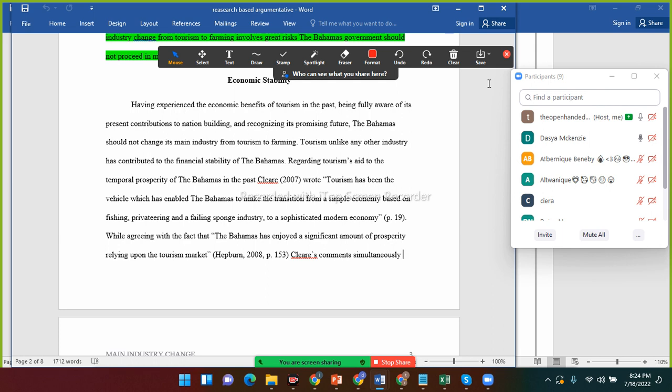Regarding tourism's aid to the temporal prosperity of the Bahamas in the past, Claire wrote, tourism has been the vehicle which has enabled the Bahamas to make the transition from a simple economy based on fishing, privateering, and a failing sponge industry to a sophisticated modern economy. While agreeing with the fact that the Bahamas has enjoyed a significant amount of prosperity, relying upon the tourism market simultaneously.